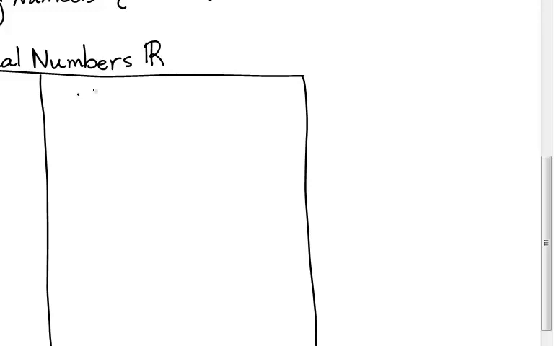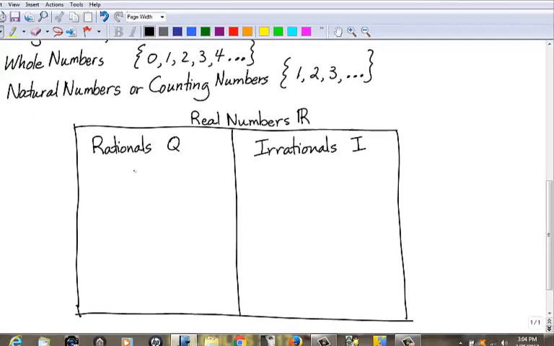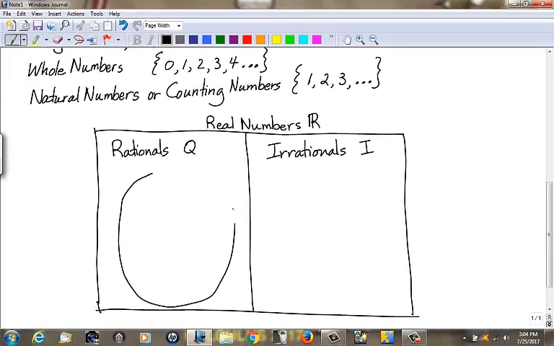And then on this side, let's do the irrationals. So the real numbers are made up of rationals and irrationals. The irrationals are going to use an uppercase I. Okay, within the rationals, let's put a circle. Okay, and you have the set of integers.